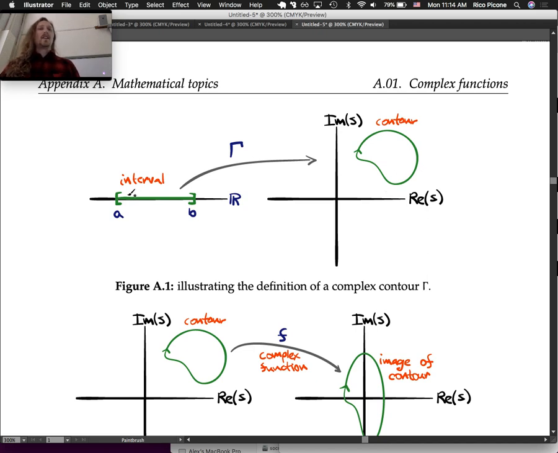So for some point in the interval, if you chose this point, it would map to, say, this point here on the complex plane. So defining what that map is, which I called gamma here, is defining the contour, okay? All right, so that's a contour.